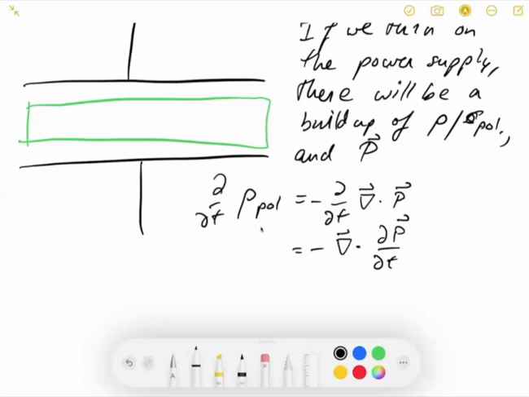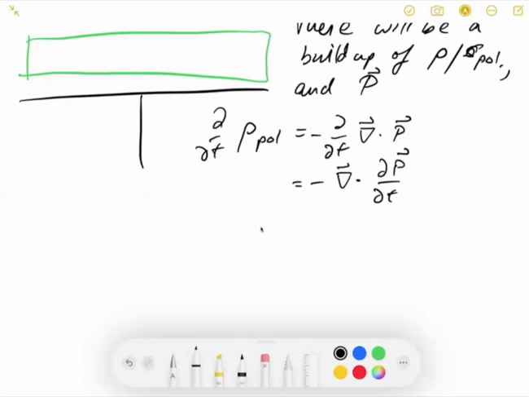And now we can bring this over to the other side, and we can say d/dt of rho polarization plus the divergence of dP/dt is equal to 0.